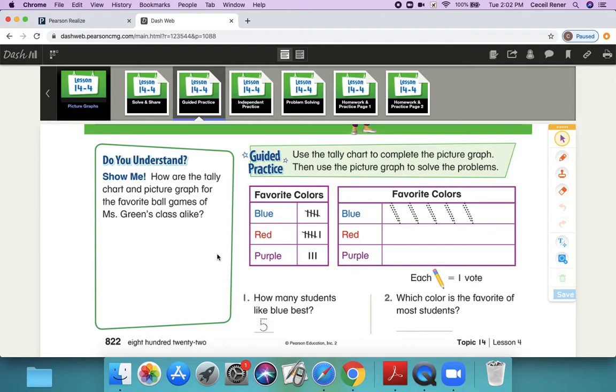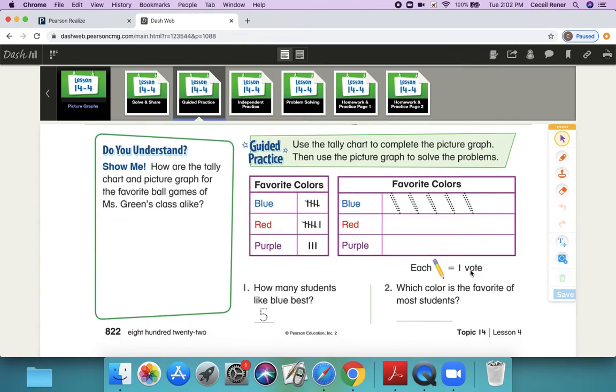And it says, use the tally chart to complete the picture graph. Then use the picture graph to solve the problems. So we're going to be completing the picture graph using the tally chart. And then we're going to be using the picture graph to answer the questions.